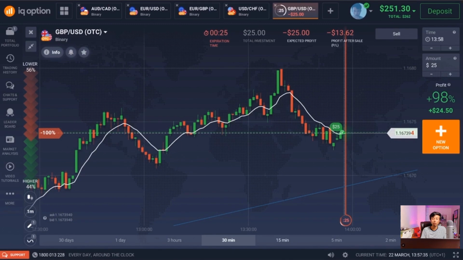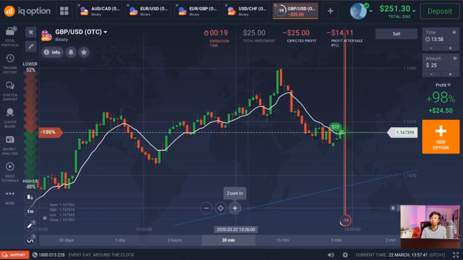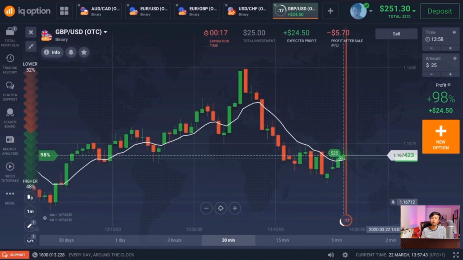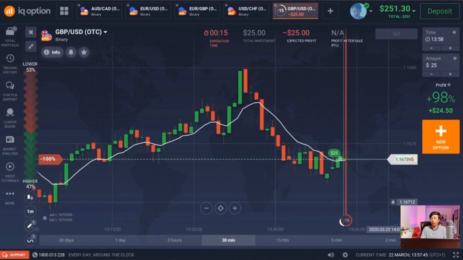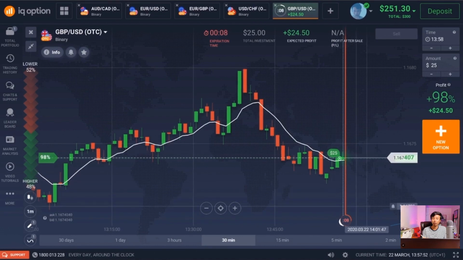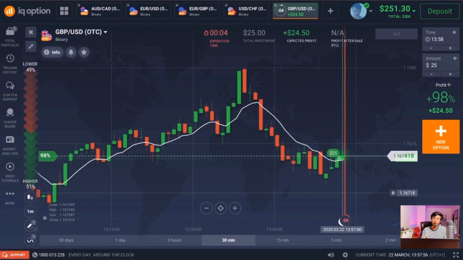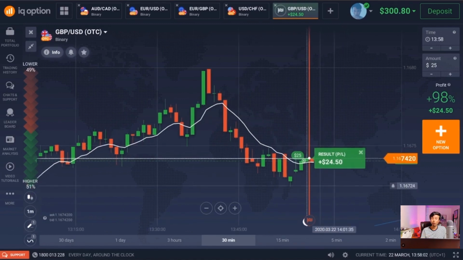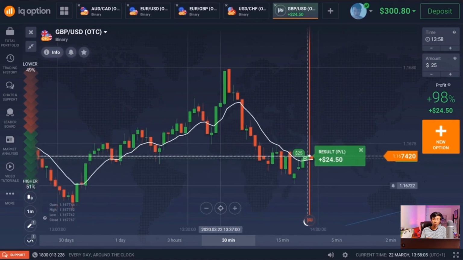So you put $25, and if you make a wrong prediction you lose that $25, and if you make the right prediction, the profit you see here is 98% in return. So if you make the right prediction, like I do right here, trading according to the moving average, then you make money, 98%.